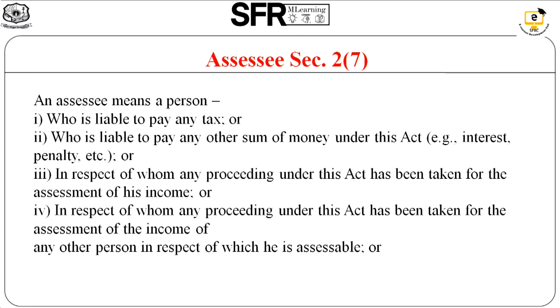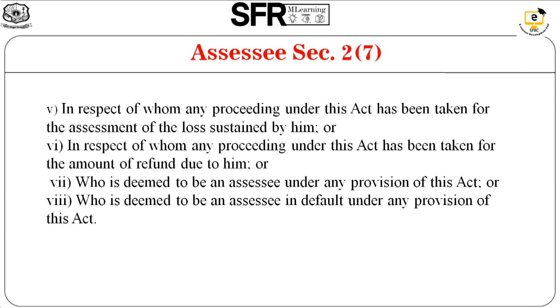Another point is a person in respect of whom any proceeding under this Act has been taken for the assessment of his income, or for the assessment of the income of any other person in respect of which he is assessable.